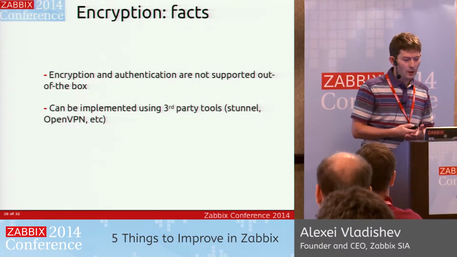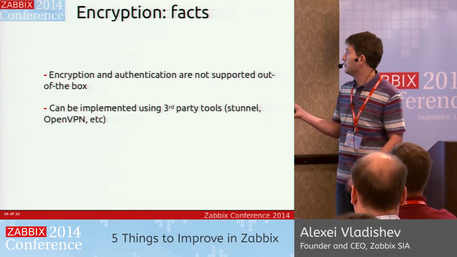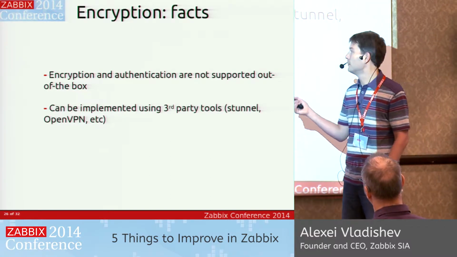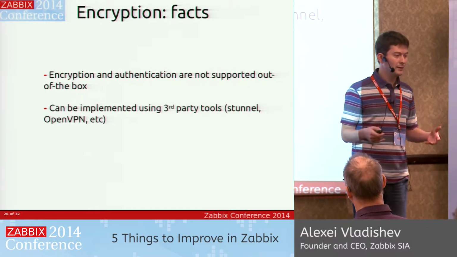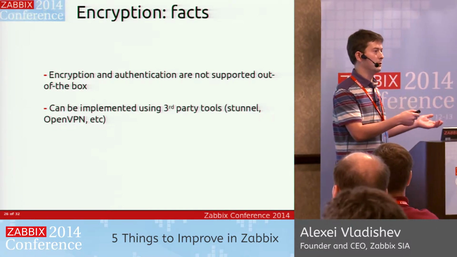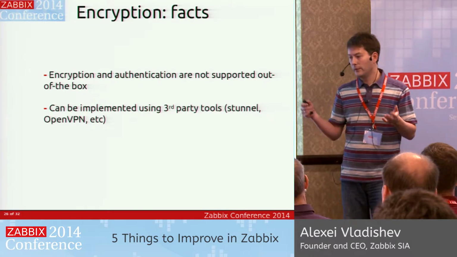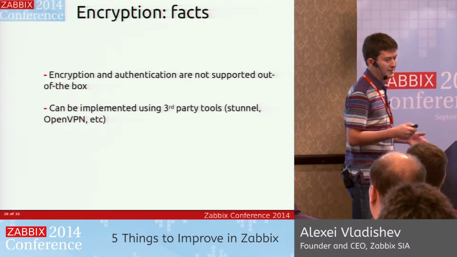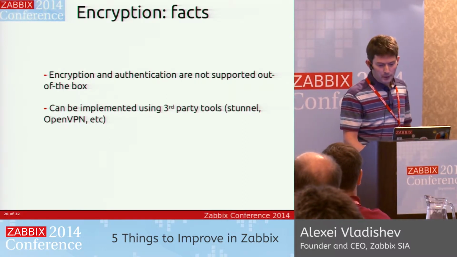It's a shame. Of course, it can be implemented by third-party tools, like stunnel, OpenVPN, some other solution. But again, it's not well integrated into Zabbix, and it's a challenge to maintain, especially if you have a larger, very distributed environment. It needs to be part of the product.